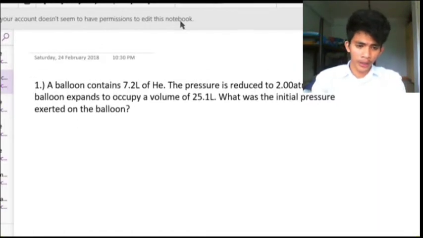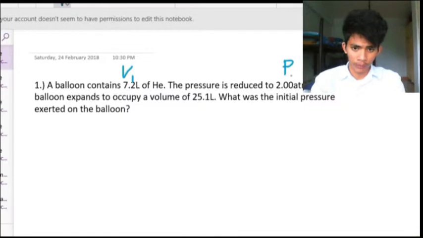So let's find out the given. 7.2 liters is the initial volume V1, 2 atmosphere is the final pressure P2, and 25.1 liters is the final volume.